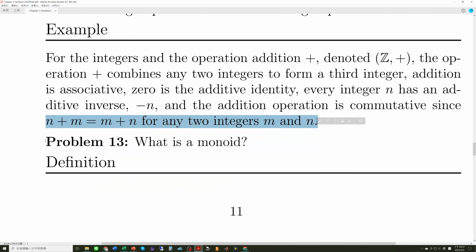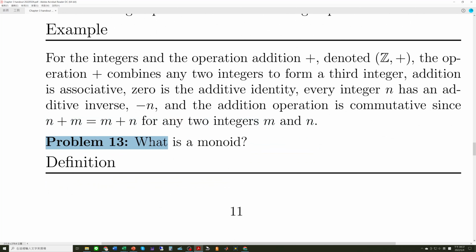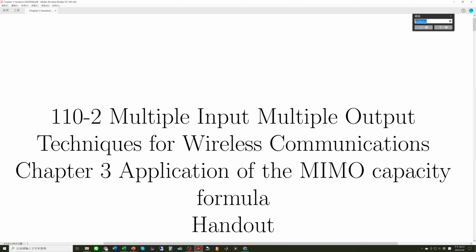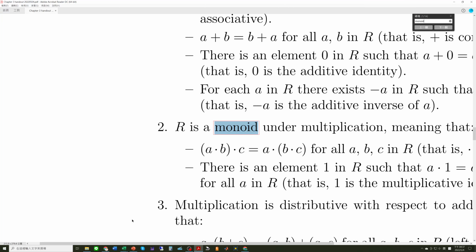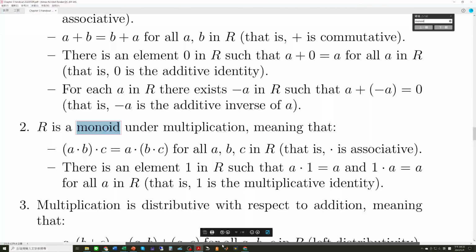Okay, next let us see problem 13. What is a monoid? Why do we need to know what a monoid is?